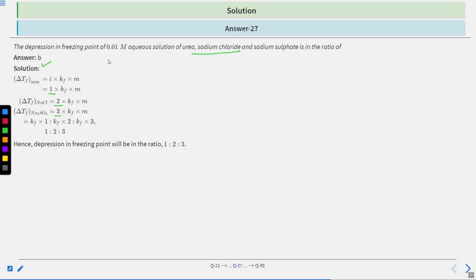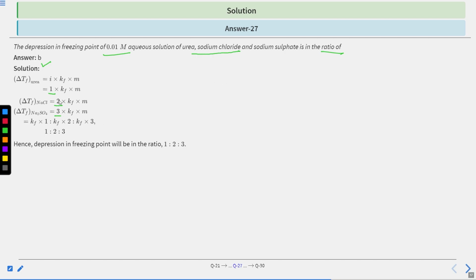m is the same because the aqueous solutions of these compounds have the same concentration, that is 0.01 molar. So we have to find out the ratio. We put all of them in the ratio: urea Kf into 1, then Kf into 2, then Kf into 3. Urea is to NaCl is to Na2SO4.